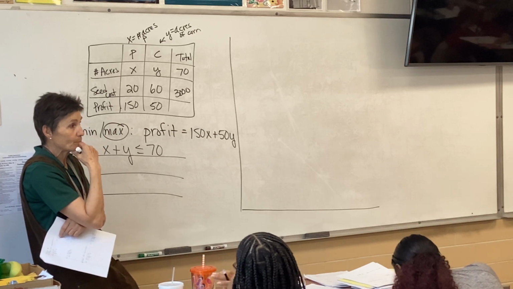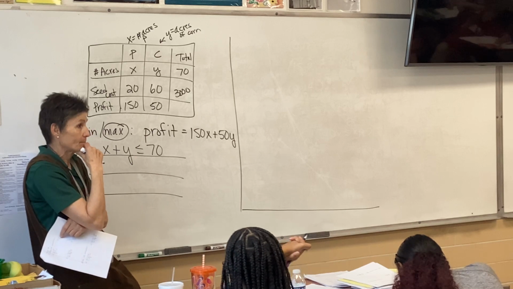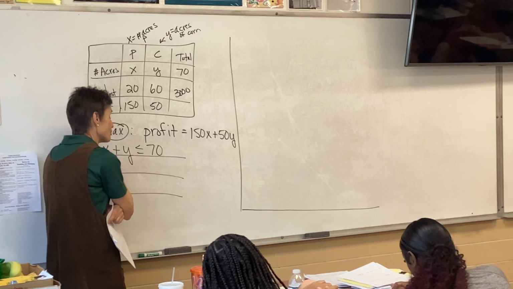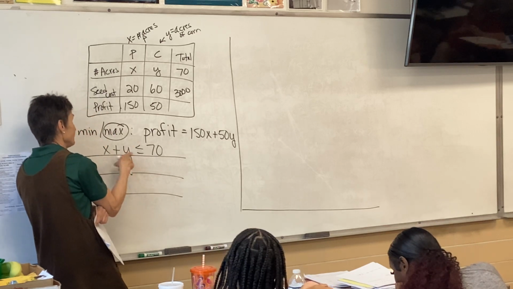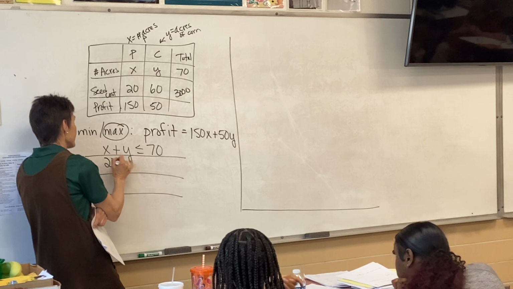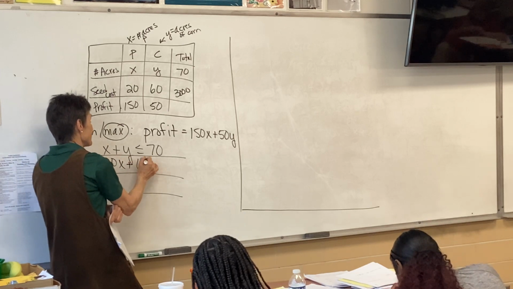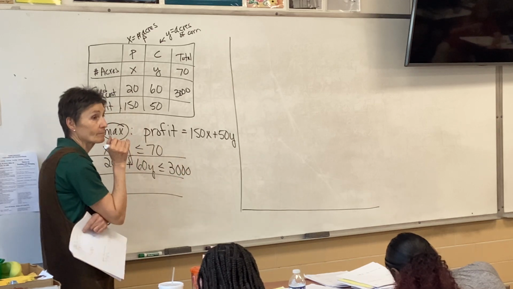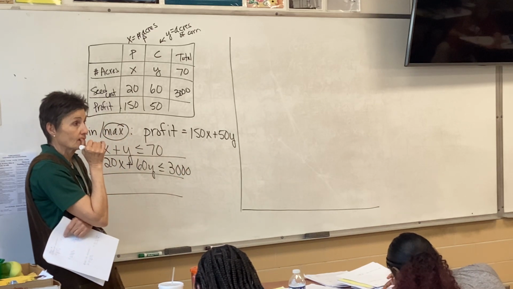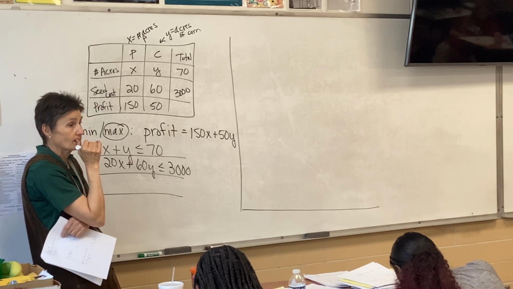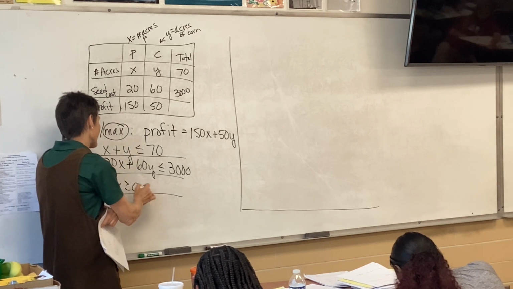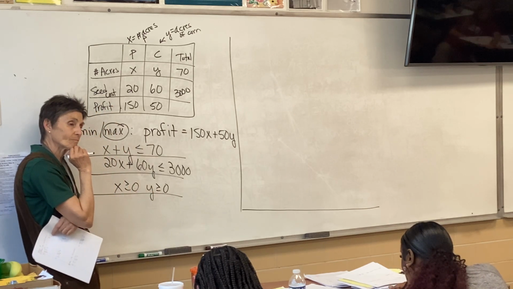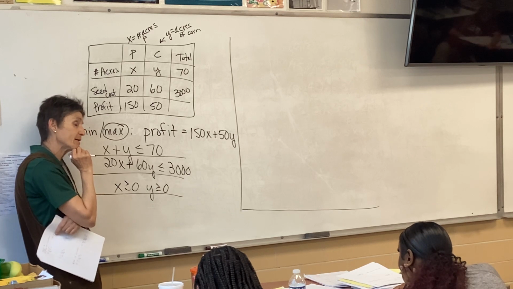I want that to add up to as big as it can be. All right, are there any other constraints besides this one? 20x plus 60y less than or equal to 3,000? And then do we still have our old regulars here? X and Y have to be positive? Yes. We can't plant negative potatoes.